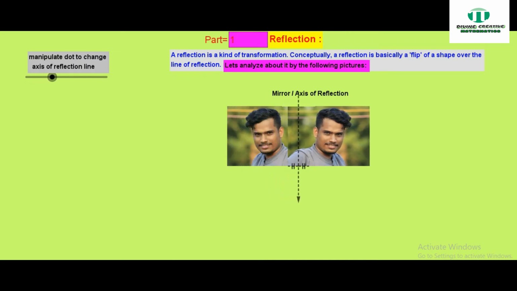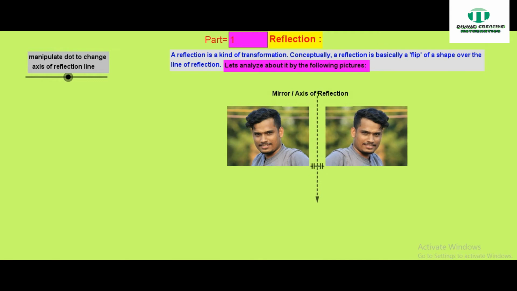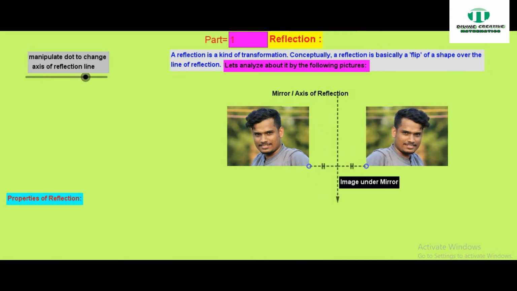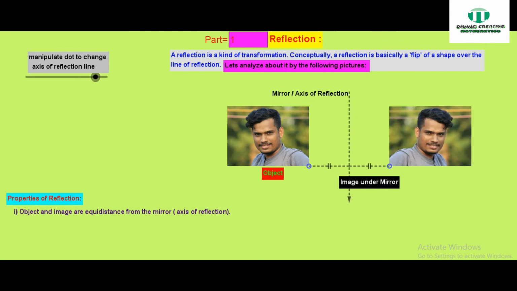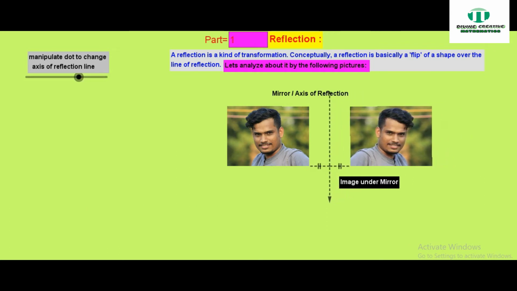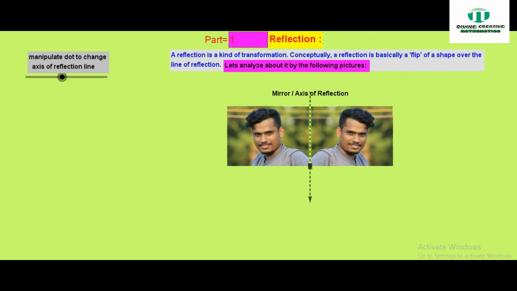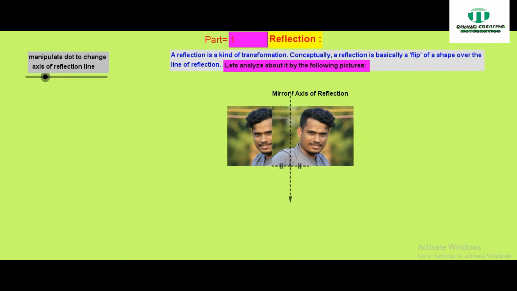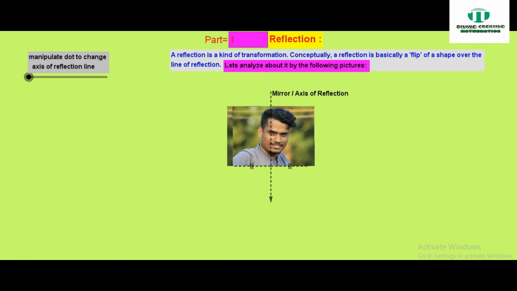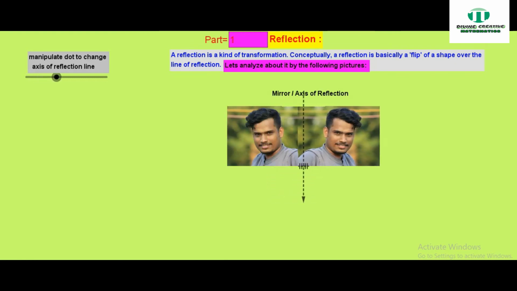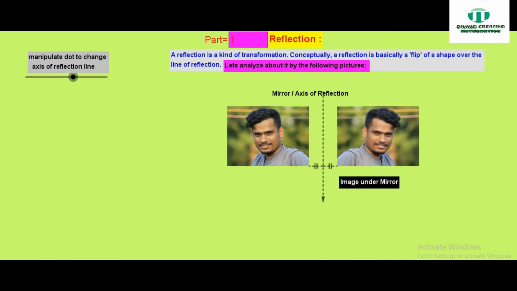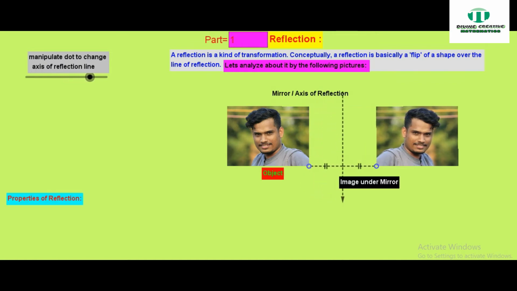Here the axis of reflection is changing. If we change the axis of reflection, then the object is constant, but the image changes its position. Because the axis of reflection is changing, the image is also changing.